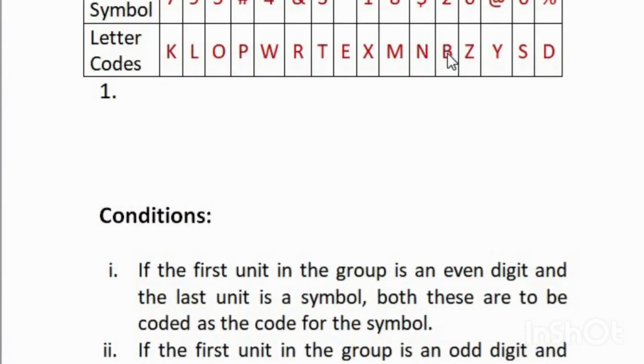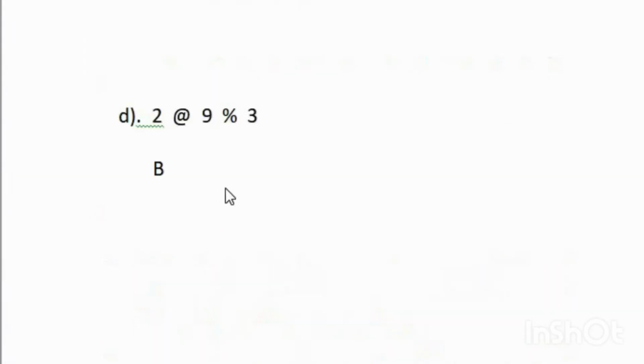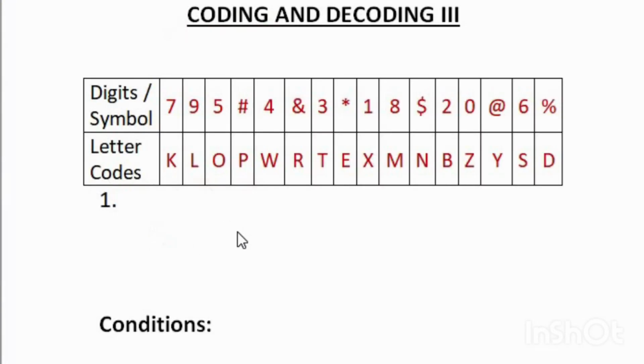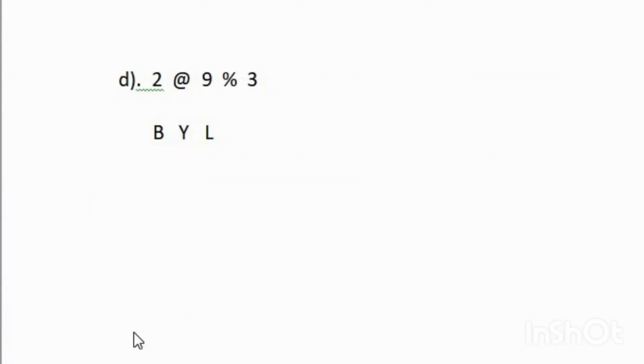The letter code corresponding to 2 is B. So 2 can be replaced with B. Now the next is a symbol, at the rate. The letter code corresponding to at the rate is Y. So at the rate can be coded as Y. Now the next is a number 9. From the table the letter code corresponding to 9 is L. So 9 can be coded as L. Now the next is a symbol, percent.